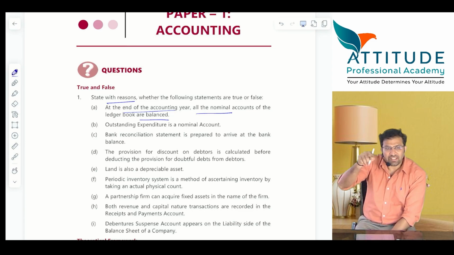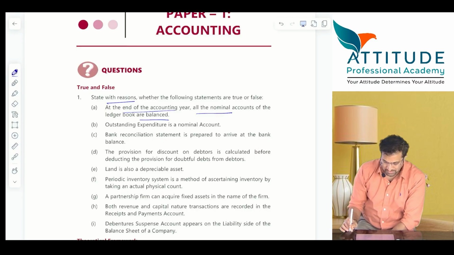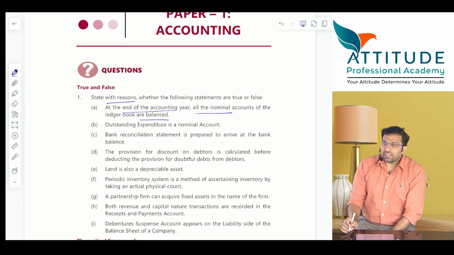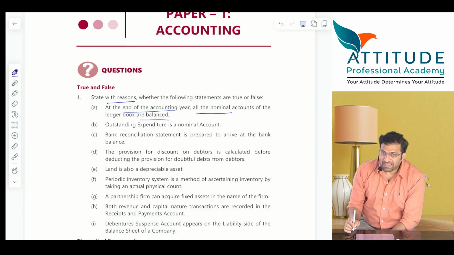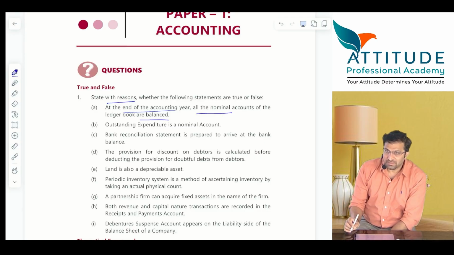In bracket, for a trading organization. Is that clear? If you're a trader. Right. In bracket. It means that nominal accounts will get closed by passing closing journal entries.